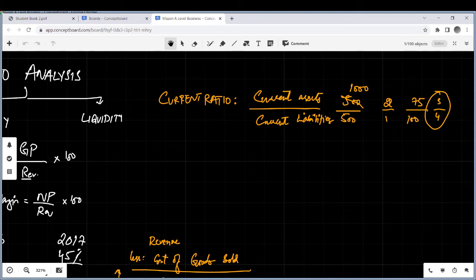But that's not the proper definition of non-current assets. The proper definition is with reference to time frame. Within next year, would this asset continue to exist as an asset, or would this asset convert into cash? That is the benchmark of identifying an asset as current or non-current.